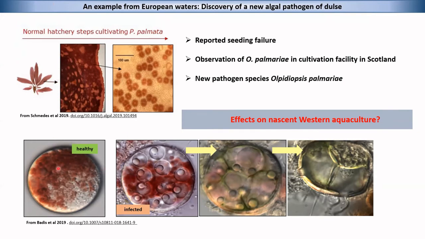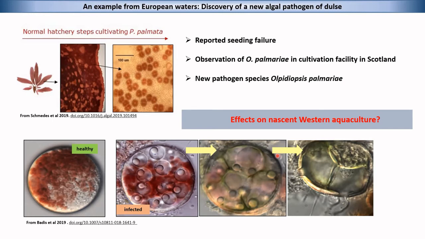Here on the left-hand side, we have a healthy Palmaria spore. And here on the right-hand side, we have Palmaria spores that are infected with this pathogen. In this infected material, you can see several pathogenic thalli within the cell. Little by little, those pathogenic thalli expand and really fill up the whole algal spore.